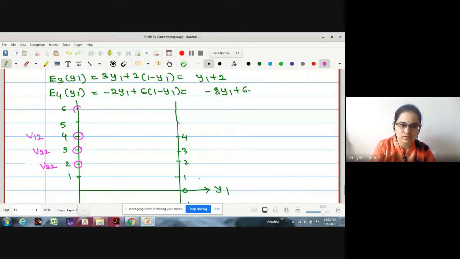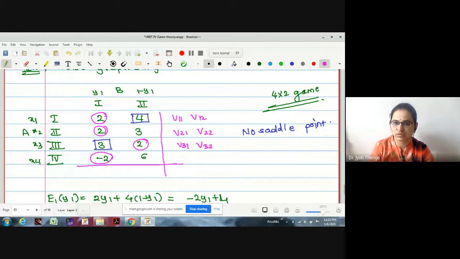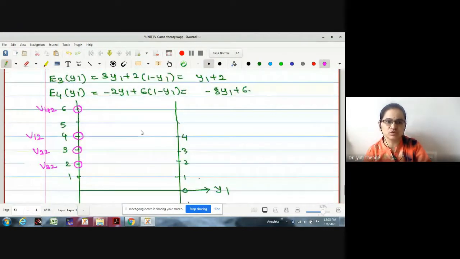Is it clear now? These entries are V11, V12, V21, V22, V31, V32, V41, V42. The second column entries I have marked first: 1 2, 2 2, 3 2, 4 2.